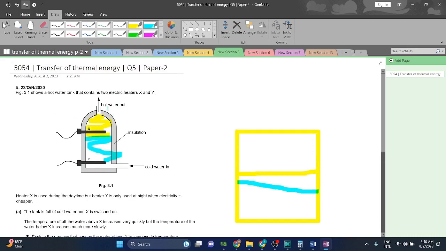You should know what insulation is: it hinders the transfer of heat between the water in the tank and the surrounding environment. The heat is not emitted outside to the environment because of the air pockets and the plastic being a poor conductor as well. Plastic is a good insulator and a poor conductor.